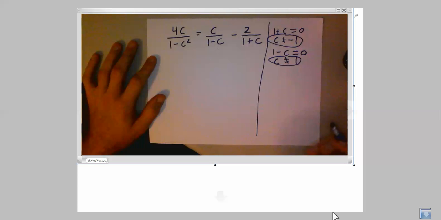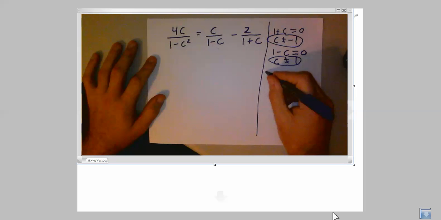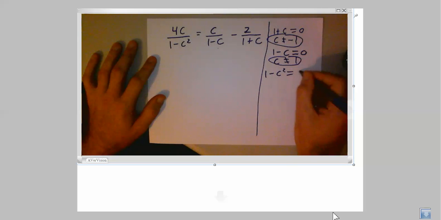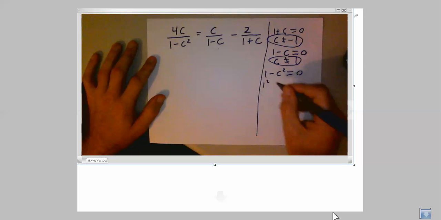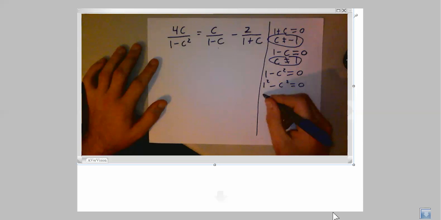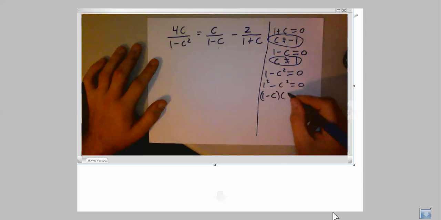And for our last one, we're going to say 1 minus C squared is equal to 0. Well, 1 minus C squared equals 0. If I factor that, same as 1 squared minus C squared equals 0, which is a difference of squares, which is the same as saying 1 minus C times 1 plus C is equal to 0.